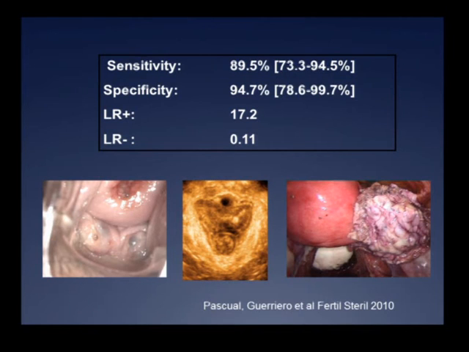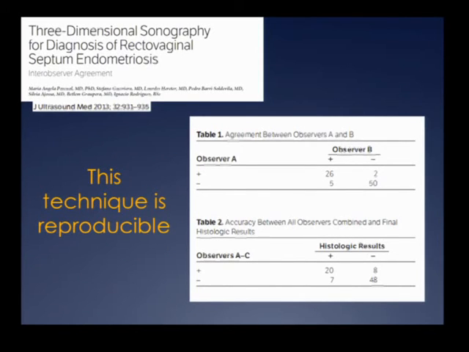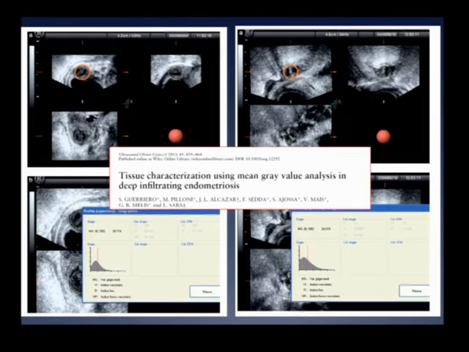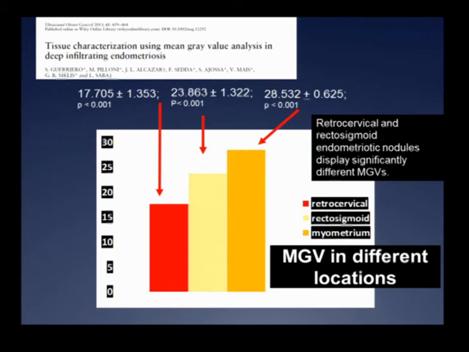This is the specificity. The idea is from my colleague Pascual from Barcelona, who also performed a study about the reproducibility, and the results are really good. We use another procedure using VOCAL, where we make a sphere inside the nodule, and we obtain relatively obvious results.